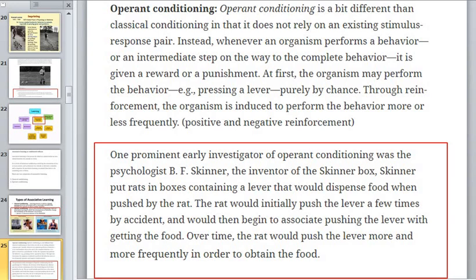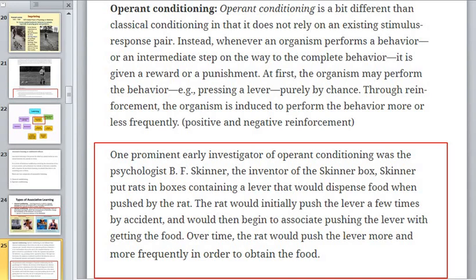Skinner put rats in a box containing a lever that would dispense food when pushed by the rat, and the rat would initially push the lever a few times by accident and would then begin to associate pushing the lever with giving the food.